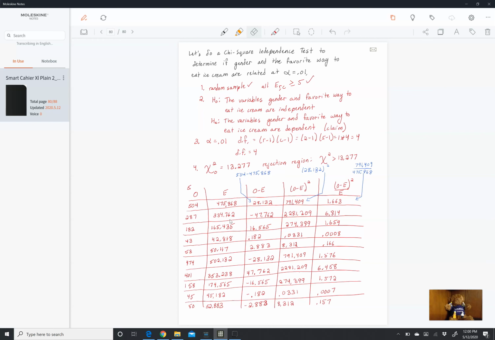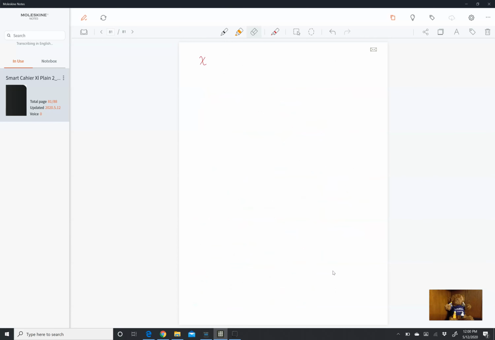Okay. So now we need to find the test statistic. So the test statistic, if you remember, is the sum of this very last column. You don't have it in front of you now on the page, but I'm going to give it to you.